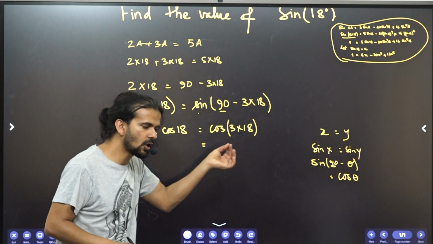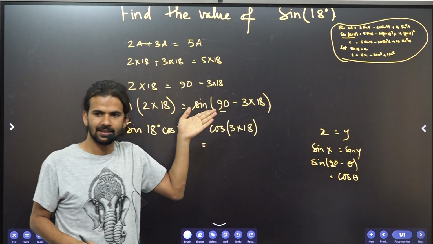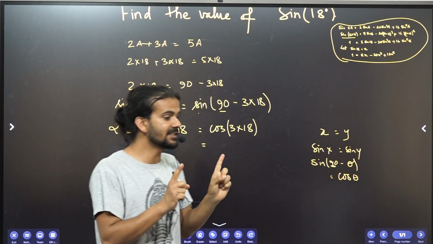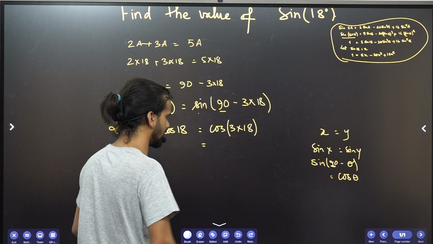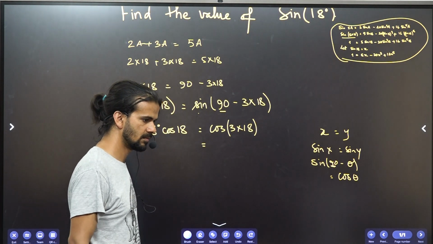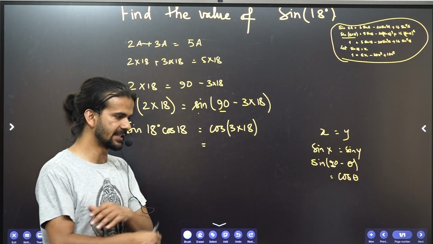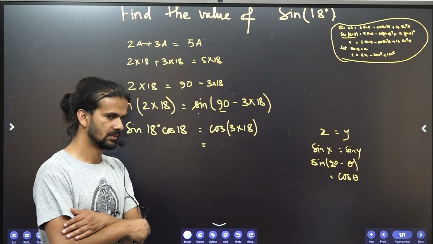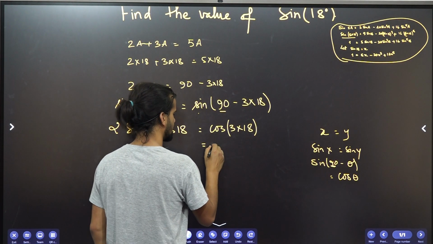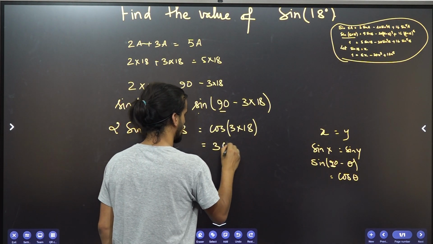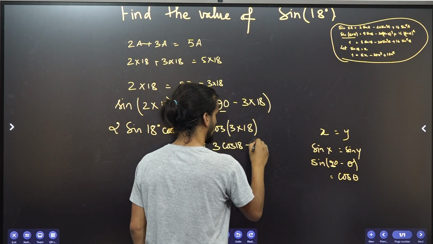What is the formula of cos 3a? Cos 3a, in terms of sine, I need, or yes, cos, okay, fine. Cos 3a is 3 cos a minus 4 cos cube a.